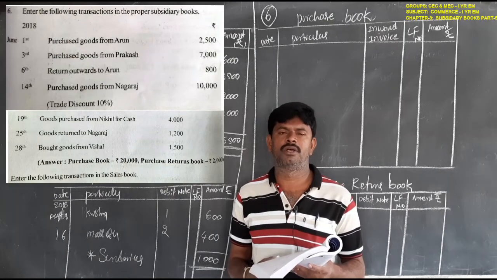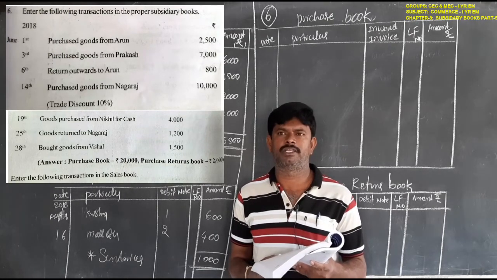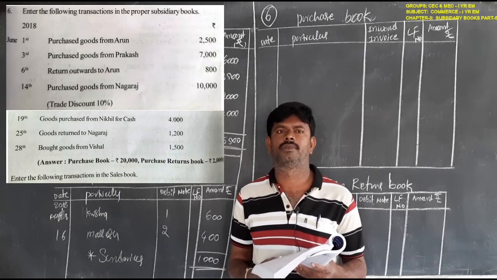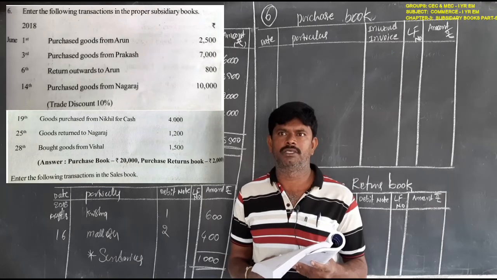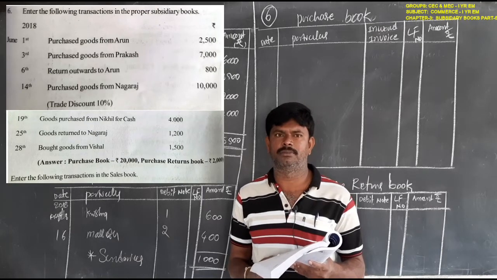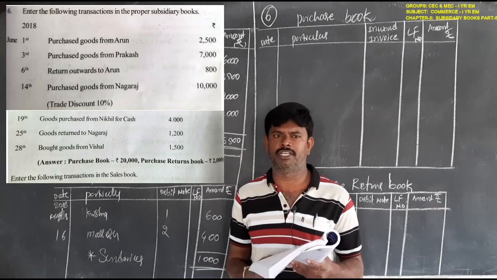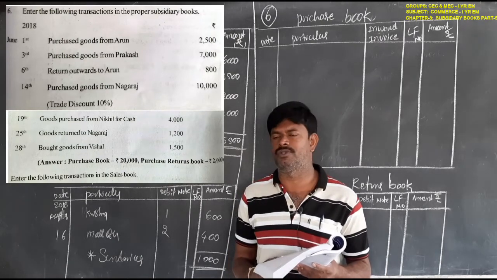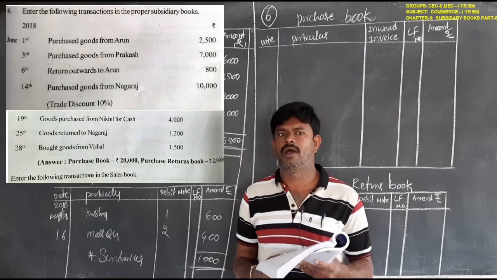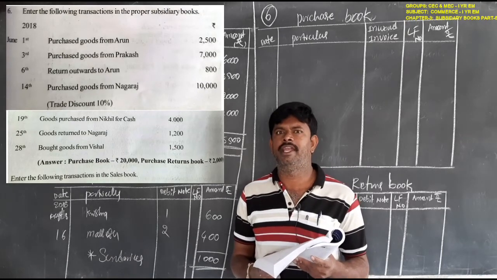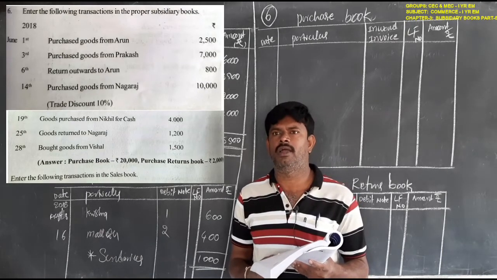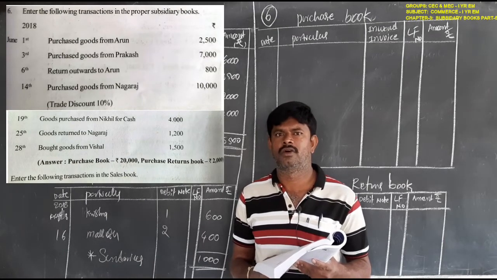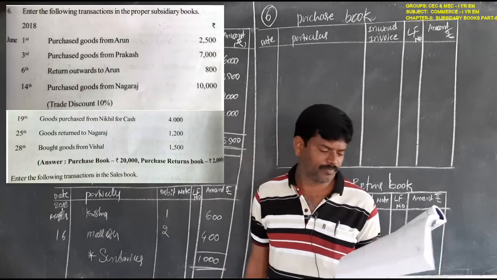Purchases in the purchase book, sales book, purchase returns book, sales returns book, just like so. And sometimes they specify prepare purchase book and purchase returns book, but here only prepare proper subsidiary books. This way, we identify the transactions and prepare according to the given transactions. Okay, remember this one thing.